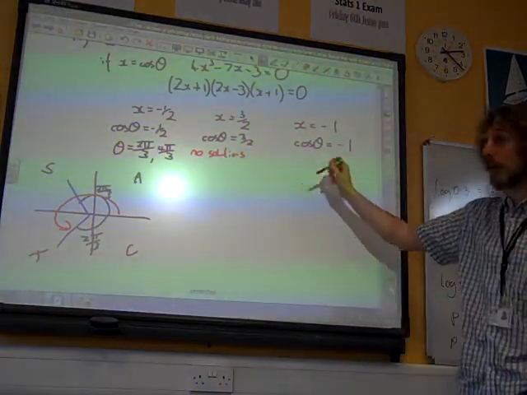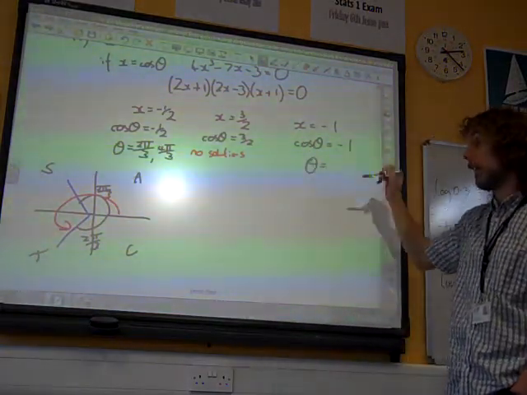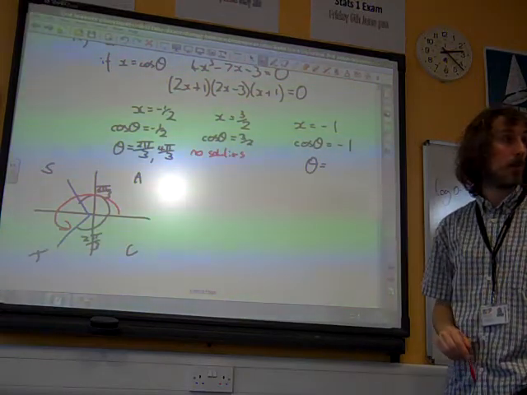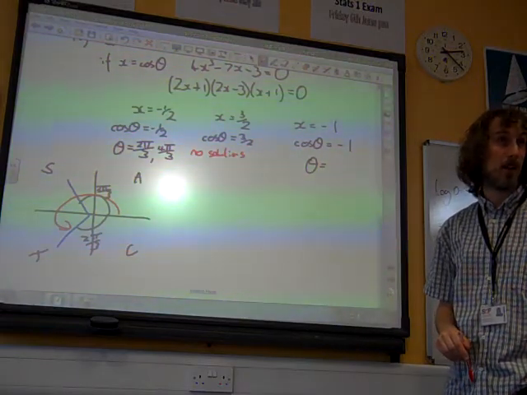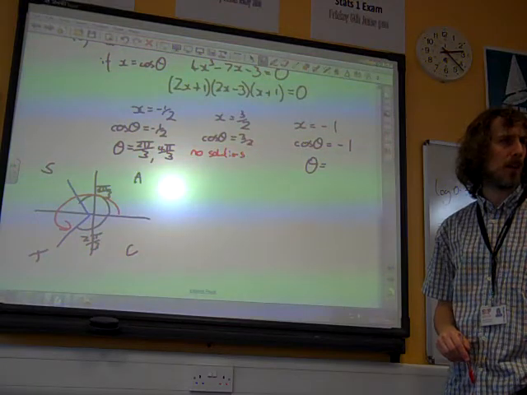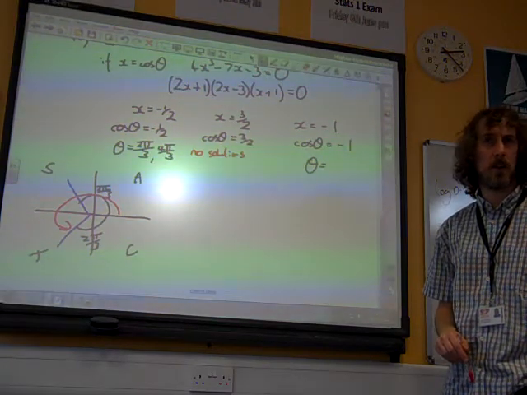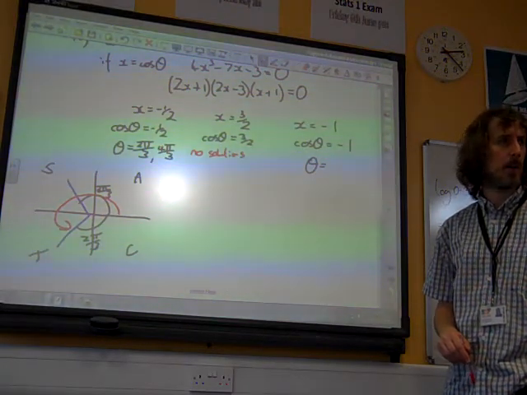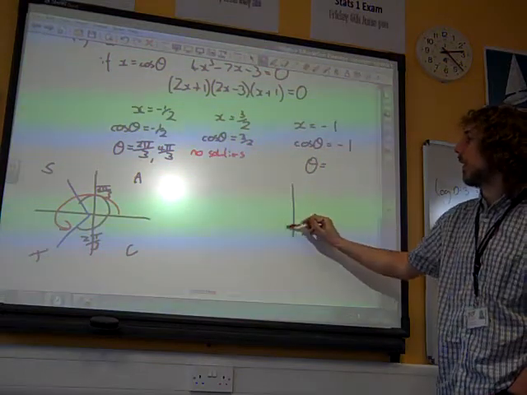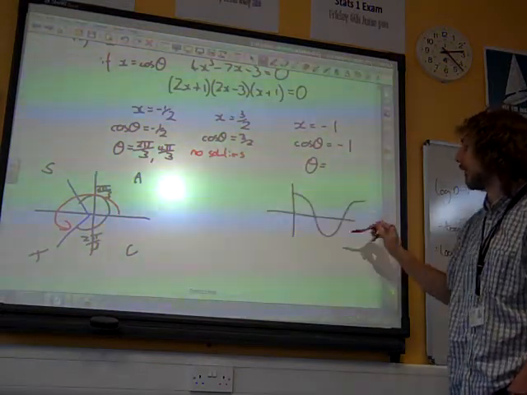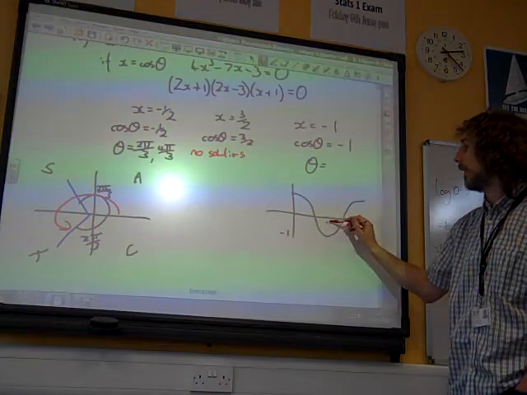This one, cos theta is minus 1. Our calculator will tell us a value, which isn't desperately... Oh, it is, it gives us a nice value, doesn't it? Calculator, I think, will just say pi on that. And we know the cos graph doing that, it's minus 1 there at pi.